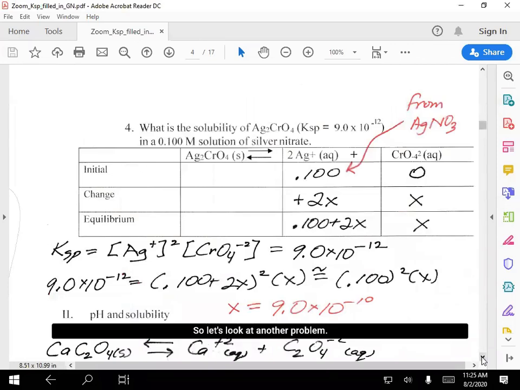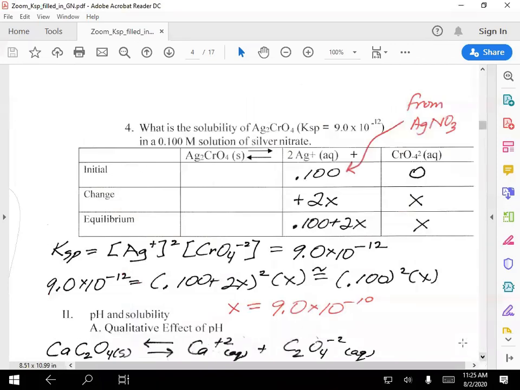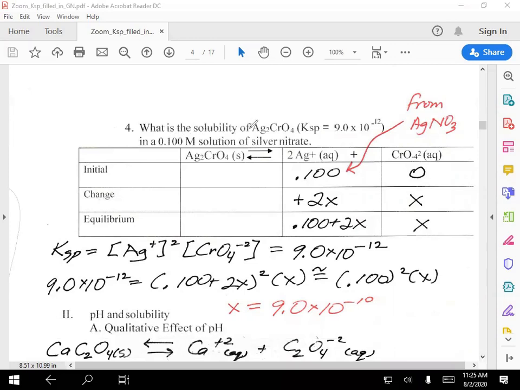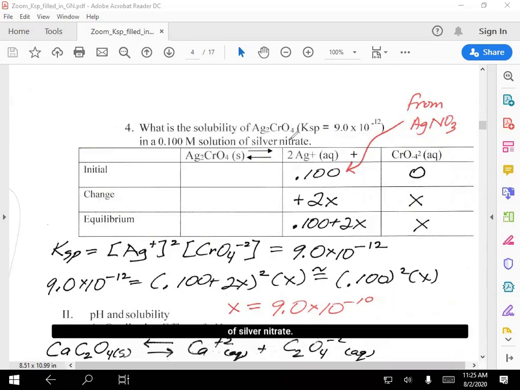So let's look at another problem. The question is asking, what is the solubility of silver chromate, given the KSP value of the silver chromate, in a 0.100 molar solution of silver nitrate.